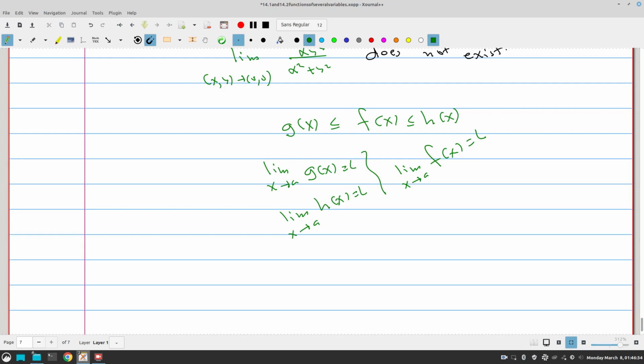So we can also apply the squeeze theorem to limits of multivariable functions.